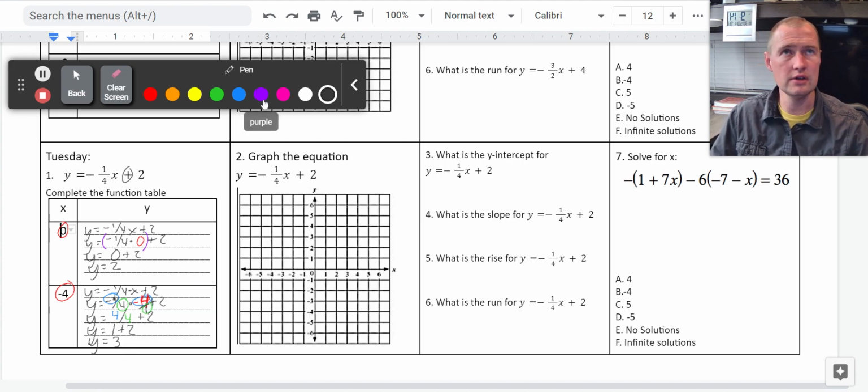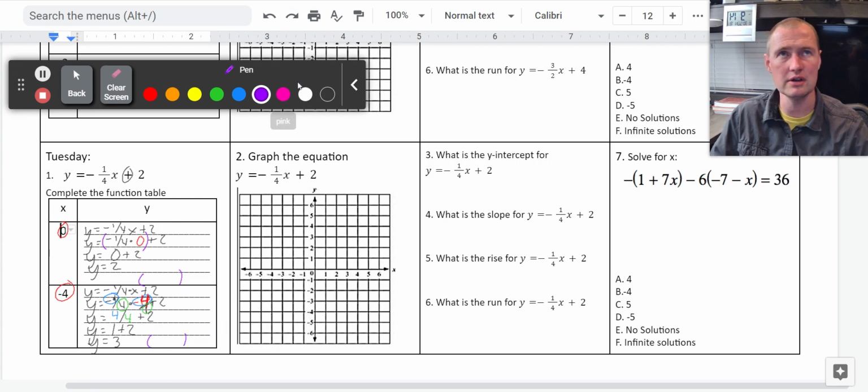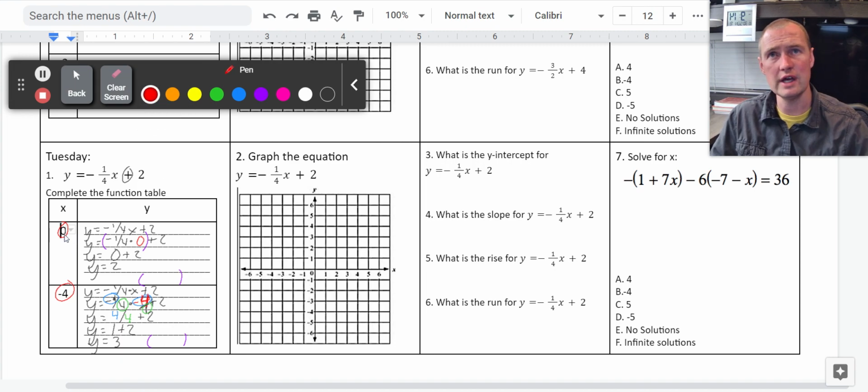All right, now using this function table, let's take a look at our ordered pairs we created, because we're going to need to graph them on our next step. Our ordered pair for the x value is going to be 0 from this table here. And from here, the x value is negative 4. These were already given to you, so those are what I call freebies.